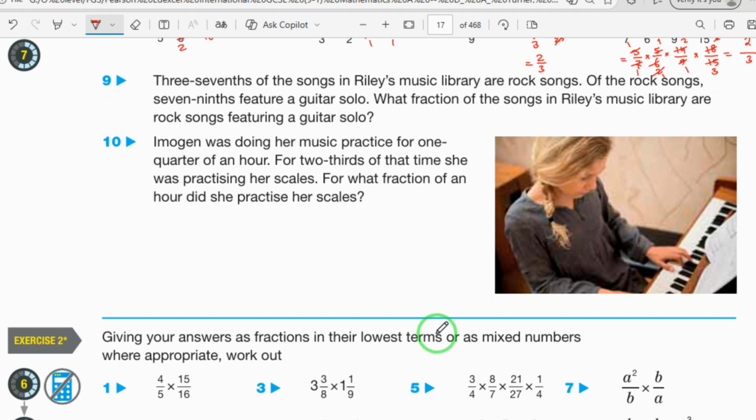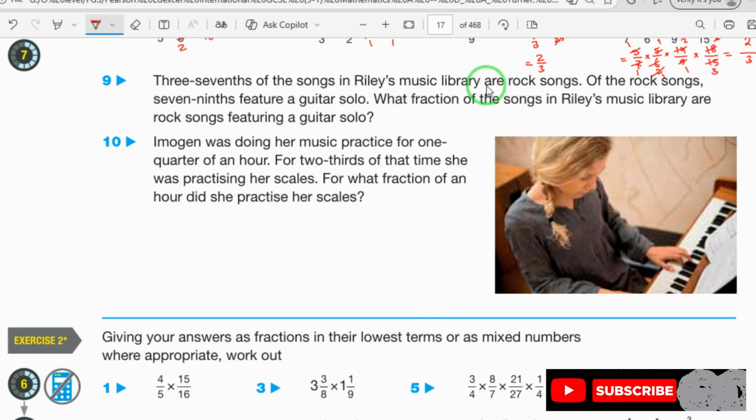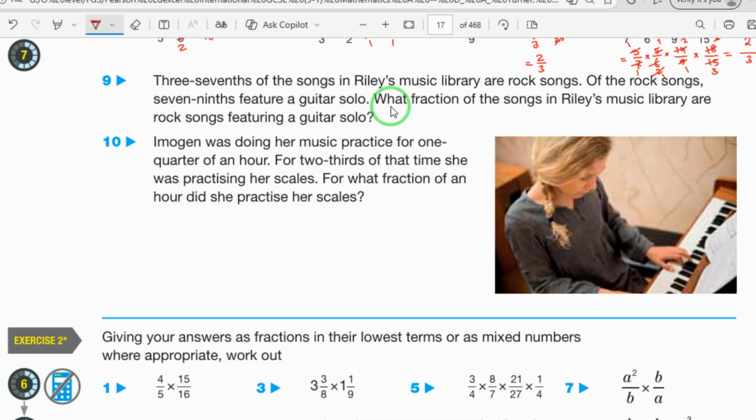The question said that 3/7 of the songs in release music's library are rock songs. Of the rock songs, 7/9 feature a guitar solo. What fraction of the songs in release music library are rock songs that feature a guitar solo?